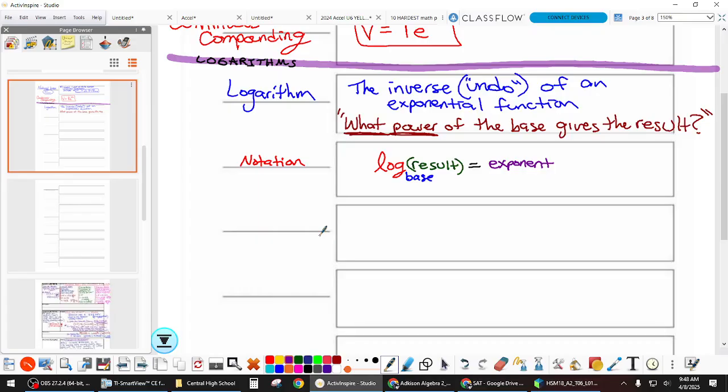Okay. And then I do want to write this. I think it's really helpful to connect this to exponential form, so that you can kind of see the connection. And the words are kind of obviously longer than the numbers that go with them.